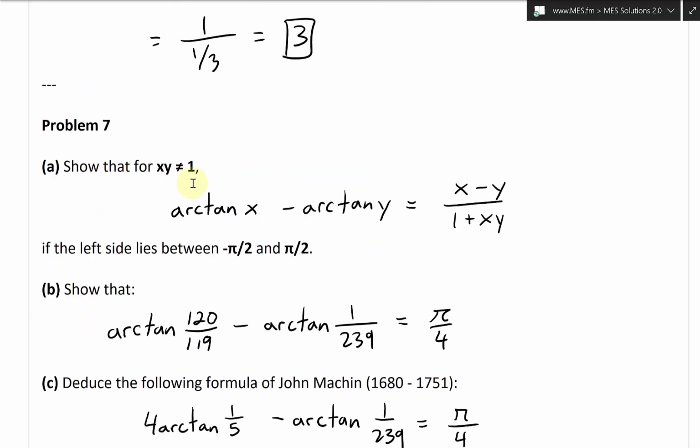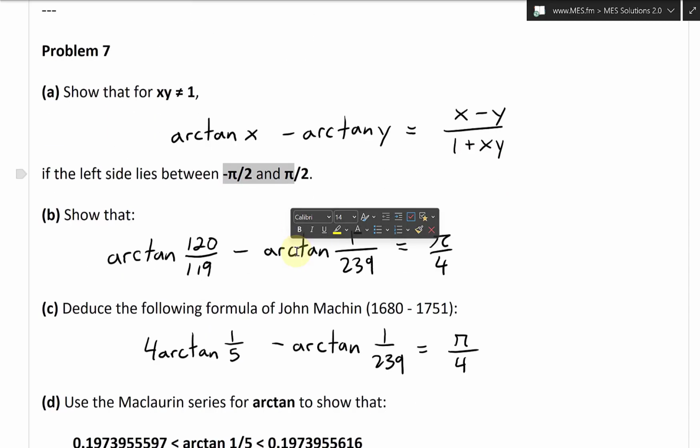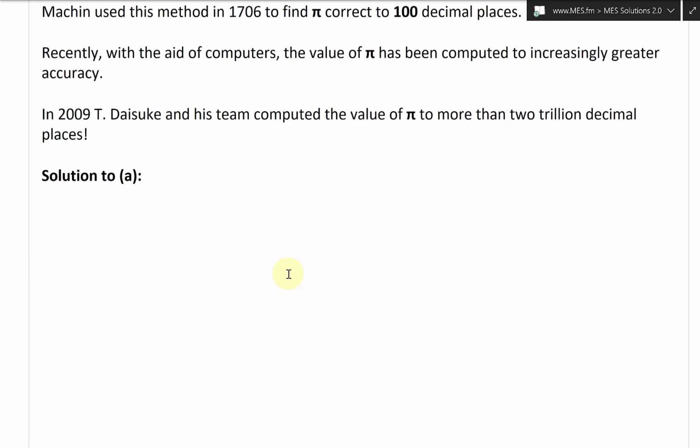So part A says, show that for xy not equal to 1, arctan x minus arctan y equals arctan of (x minus y) divided by (1 plus xy), if the left side is between negative pi over 2 and pi over 2. So let's just write this out.